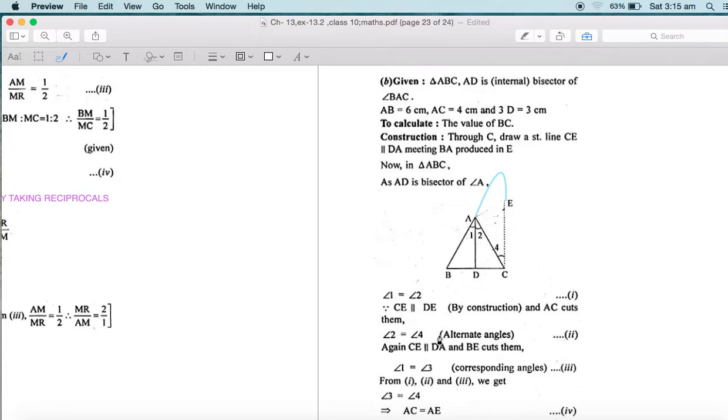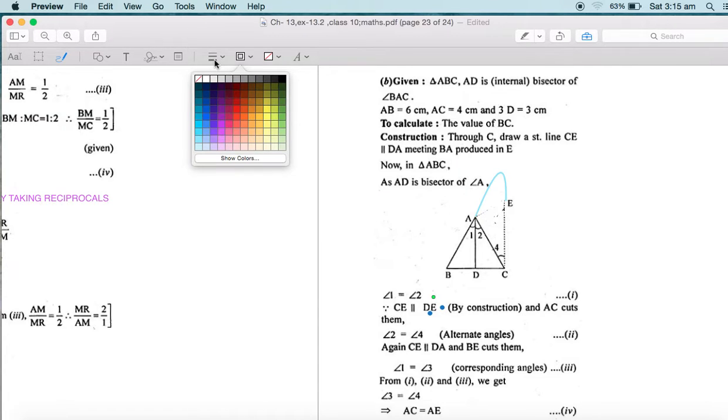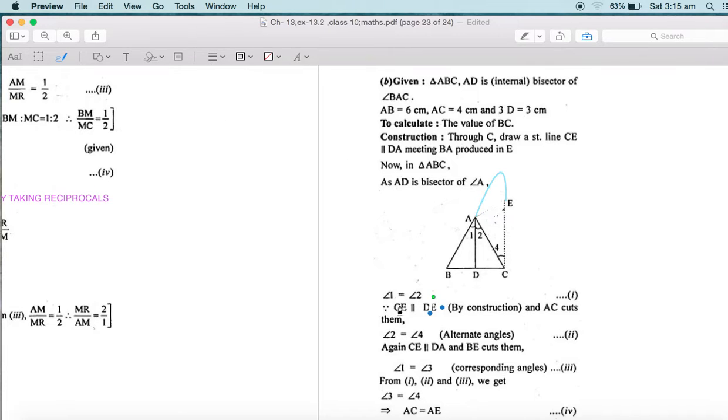Then I'll take two of the angles, angle 2 and angle 4. What do I get as the result?